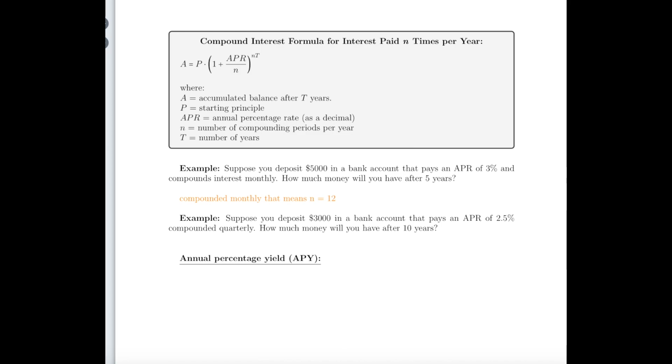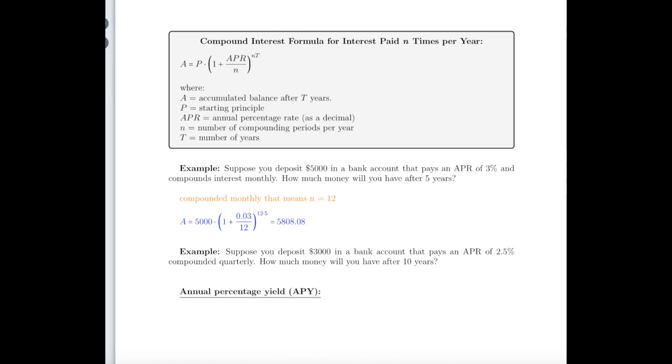So that means if we're filling in our formula, we don't know the A, that's what we're looking for, right? But our principal was 5,000 because that's how much we deposited.